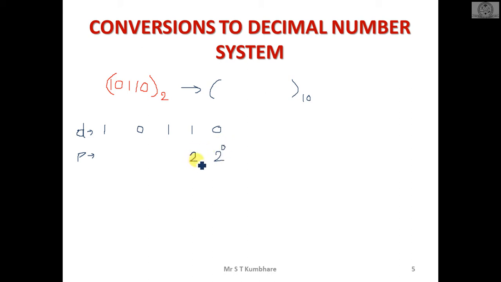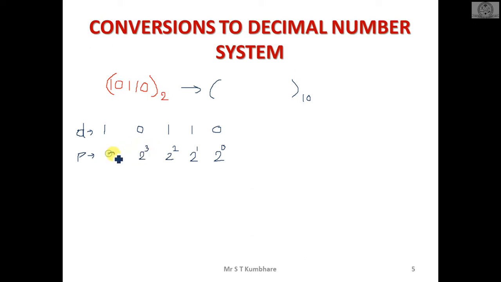Here 2 is the base, because we have a binary number system. Binary means base is 2. So every time we write 2 raised to power 1, then next 2 raised to power 2, next 2 raised to power 3.